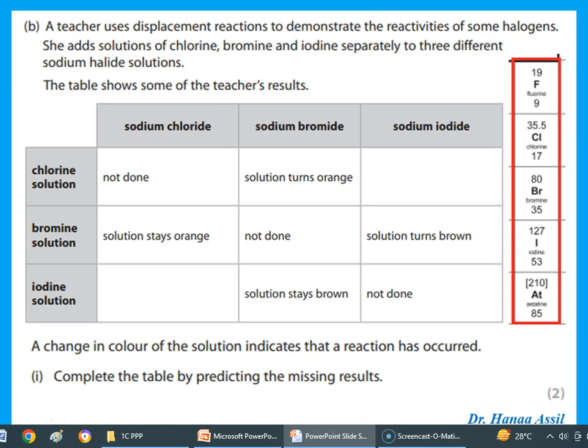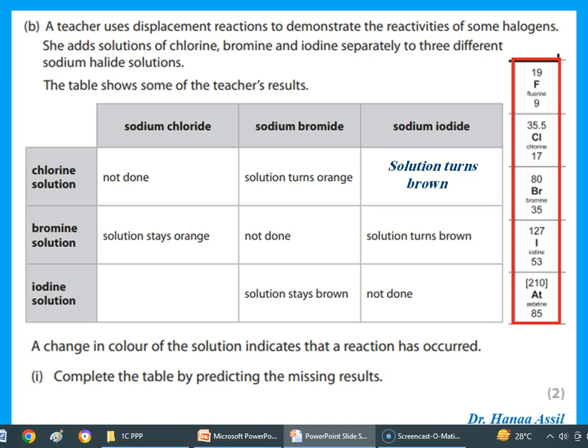What if we add chlorine solution to sodium iodide now? We should know that chlorine is more reactive than iodine, so it will displace it. Iodine solution will cause the solution to turn brown. Now, the one that we're supposed to complete is iodine solution with sodium chloride.